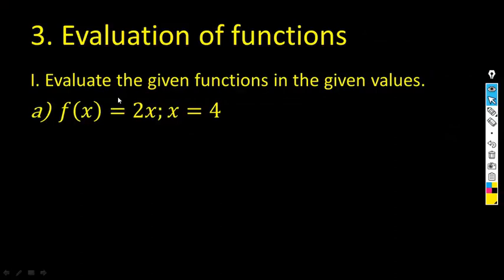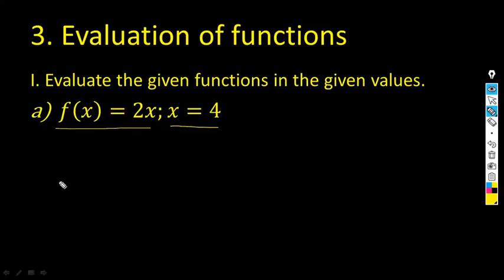Now, for the last part of this class, we're going to talk about the evaluation of functions, which I already did in the last example. I'm not going to explain what this is. I'm going to do it and you will understand what I mean. So the instruction is this: evaluate the given functions at the given values. I'm given this function f of x. Remember how it's pronounced? f of x equals 2x. And I'm told to evaluate this function for this value of the argument, x equals 4.